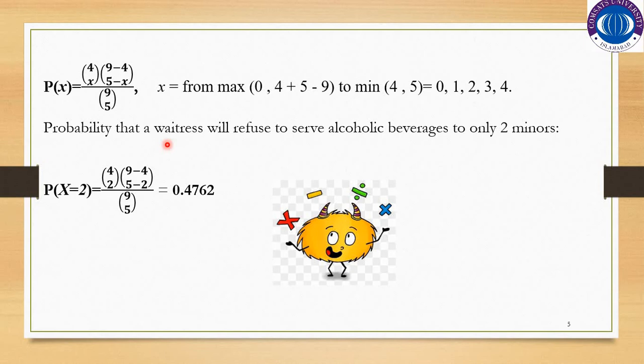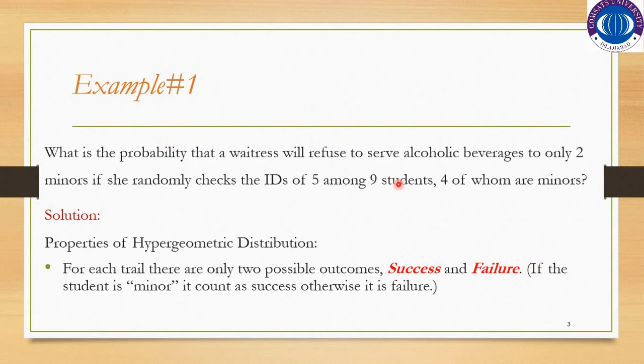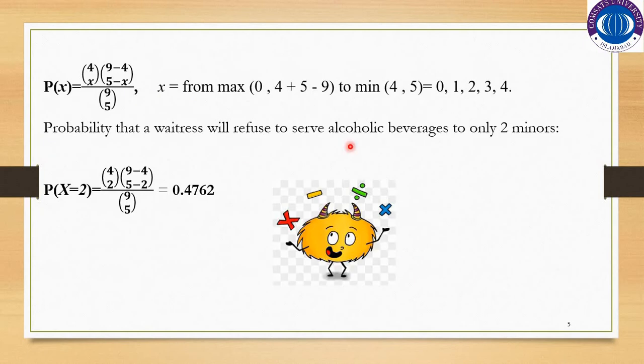As you can see from the statement, what is the probability that the waitress will refuse to serve alcoholic beverages to only 2 minors? So, you have to find out the probability that x is equal to 2, which is equal to 4c2. On solving this, you will get 0.4762. So, this is the probability that the waitress will refuse to serve the alcoholic beverages to only 2 minors.